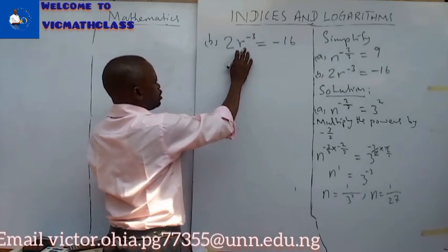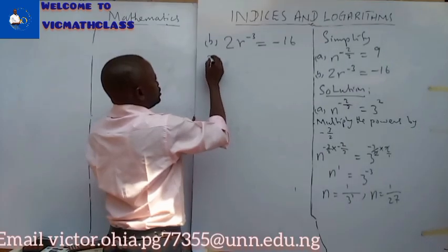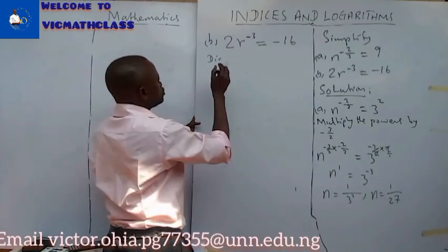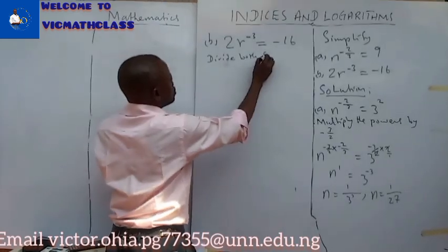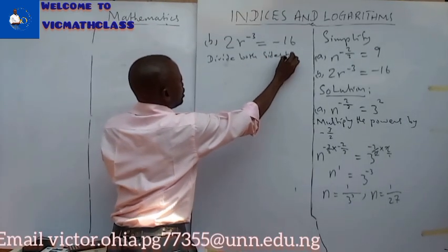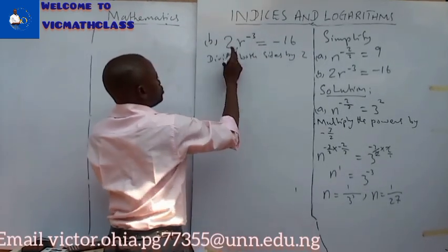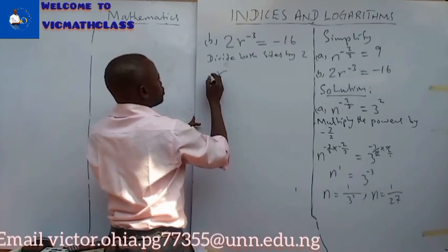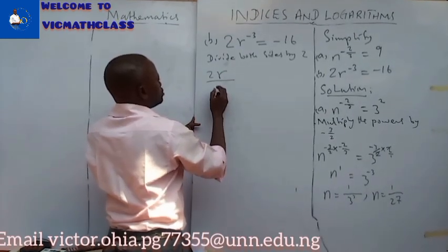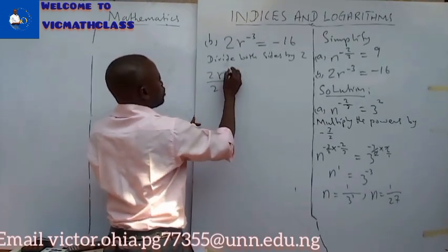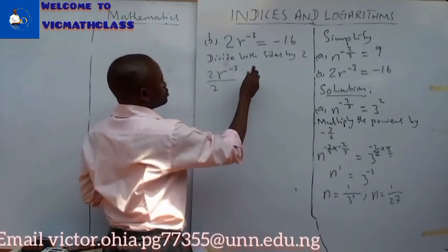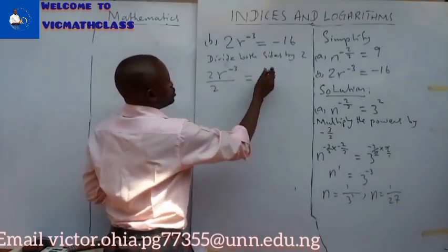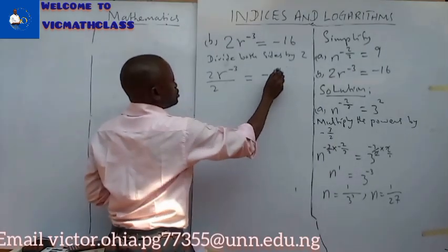First step, divide both sides by 2. This is 2 over 2, so r raised to power minus 3 remains, equals minus 16 over 2.